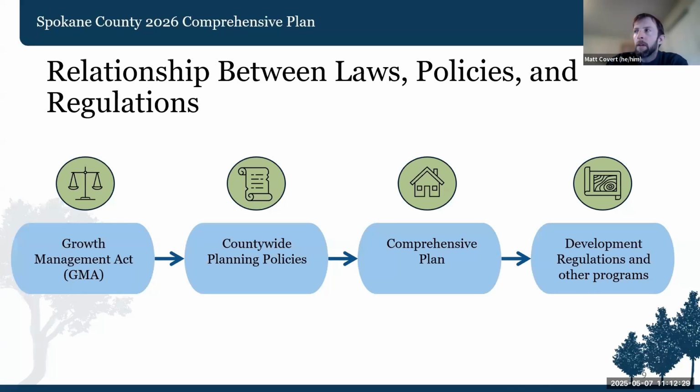So the question that people always ask is, nice plan, what's it going to do other than sit on a shelf? The important thing to remember about the comprehensive plan is that it is nothing without implementing regulations and infrastructure investment and other programs that the county and all the cities use to implement the policies of the comprehensive plan. The Growth Management Act is the overall basis for this.